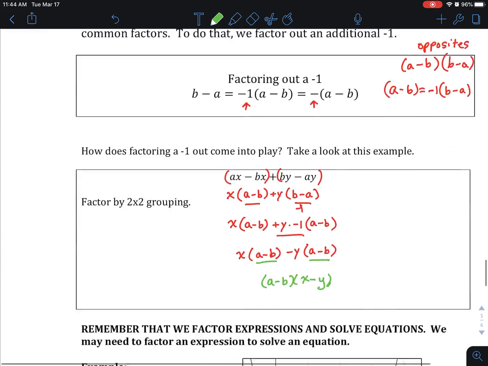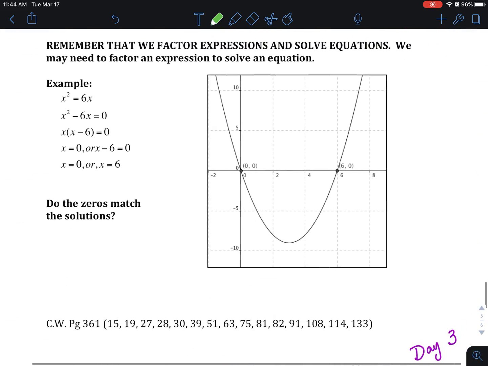Let me head back here. Let's go back to the very beginning of this section, okay? We have the equation x squared equals 6x. Now, I showed you how to solve this graphically, and the picture just off to the right shows you what it looks like if you set it equal to 0.